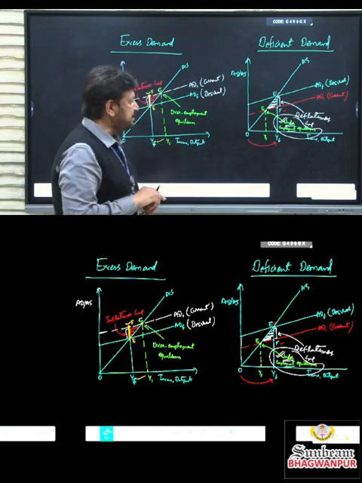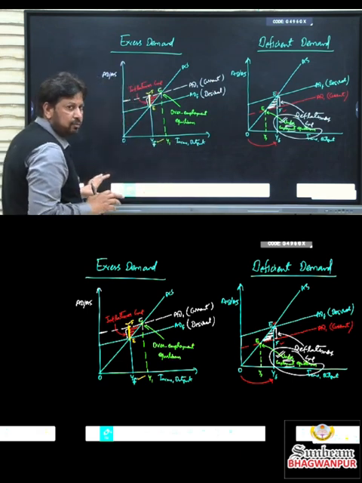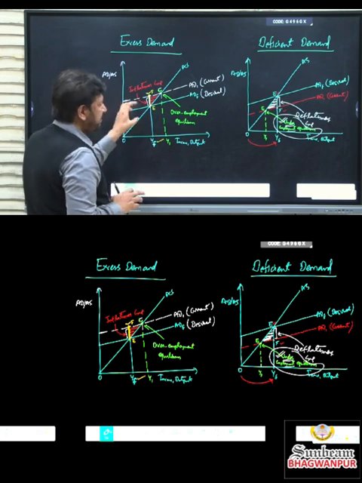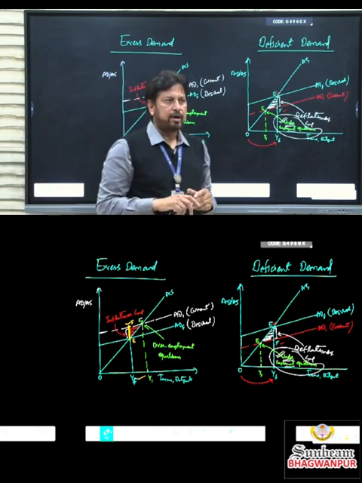And the next important thing is related to monetary and fiscal measures to control the problem of excess demand and deficient demand.